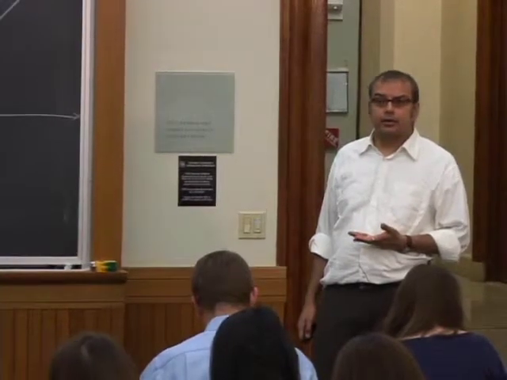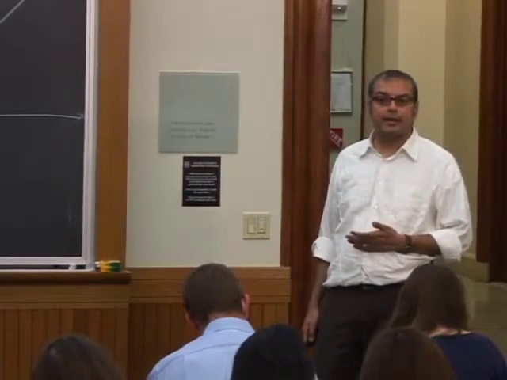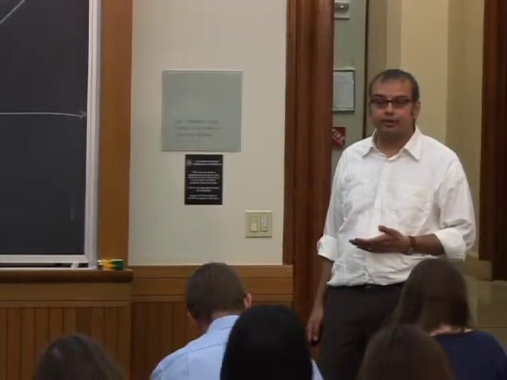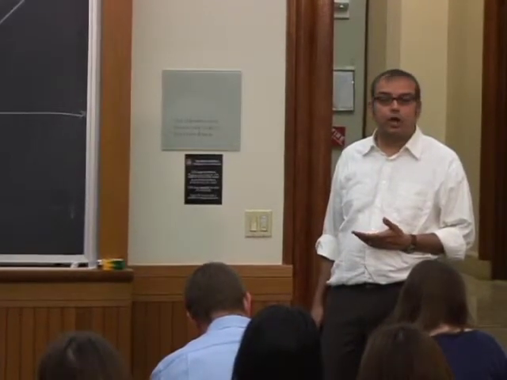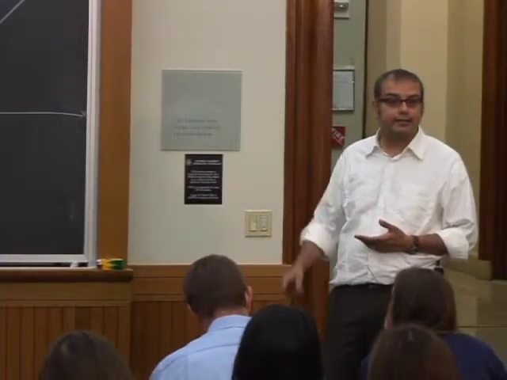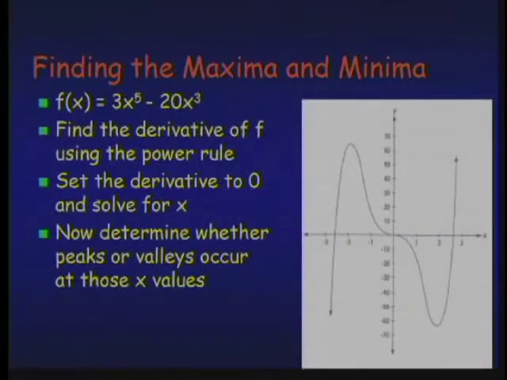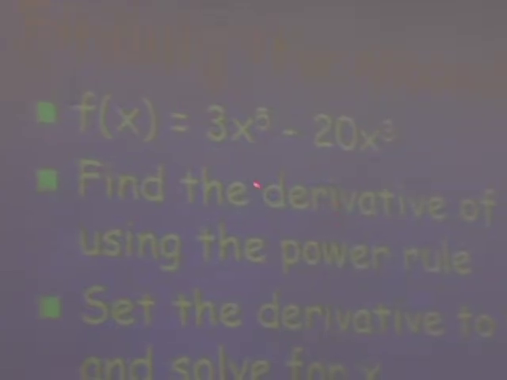A key piece of information you have is that to find the maximum or minimum of a nonlinear function, a feature of that point is that the derivative is going to be equal to 0. So if you're faced with a higher order polynomial, a relatively complex nonlinear function, here I've drawn what it looks like. But even without drawing it, I could take its derivative, which you already know how to do.